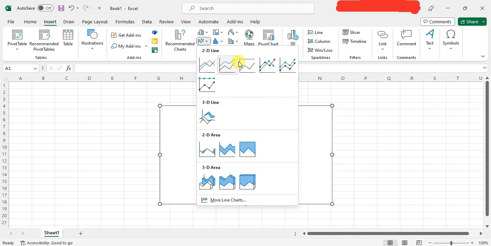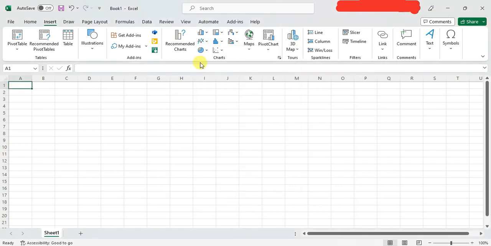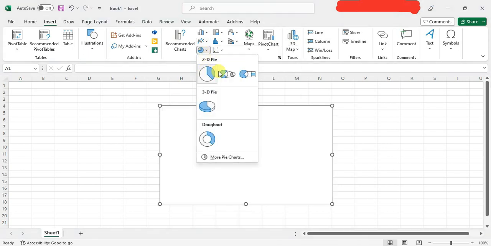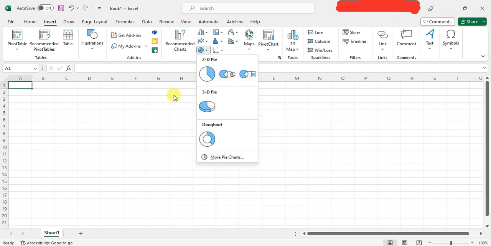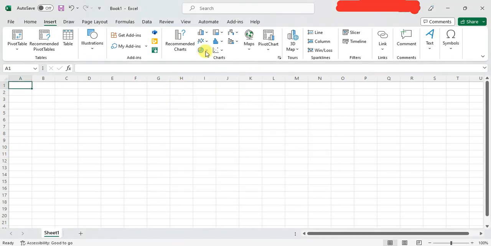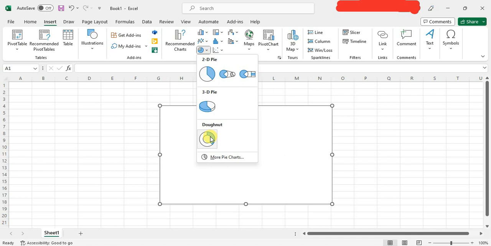Line chart. Line charts represent data points as markers connected by lines. They are ideal for showing trends over time or continuous datasets. Pie chart. Pie charts display data as segments of a circle, with each segment representing a proportion of the whole. They are useful for displaying parts of a whole and comparing percentages.